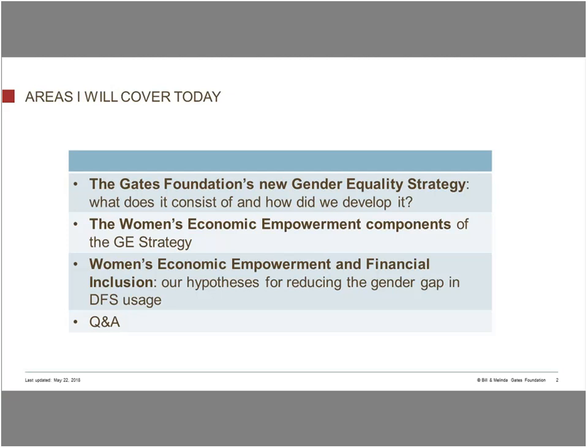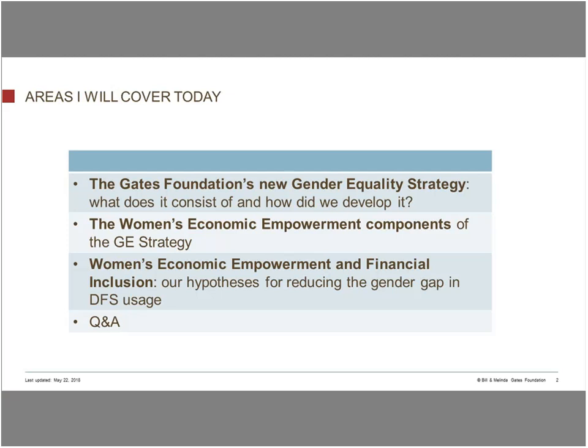So here's what I'm going to cover today. I will give a brief overview of our new gender equality strategy, what it consists of, and how we developed it, because that process took over a year and was pretty intensive.